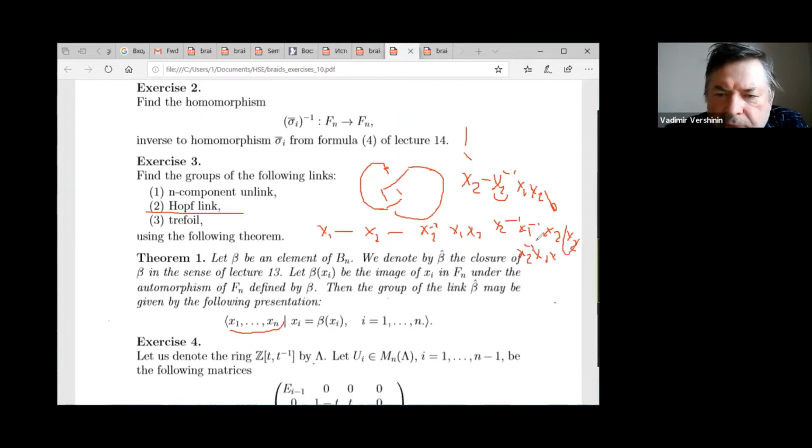Then this and this disappears. So what do we have finally? x2 goes to what? x2 minus 1, x1 minus 1, x2.